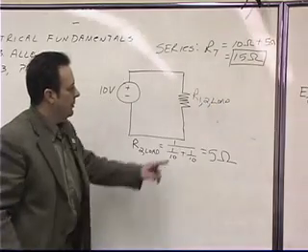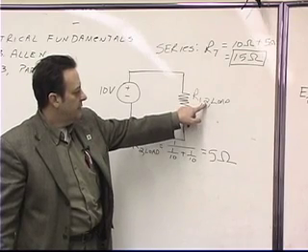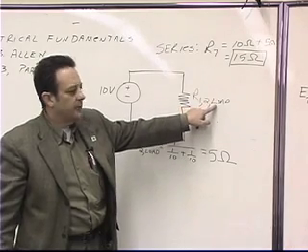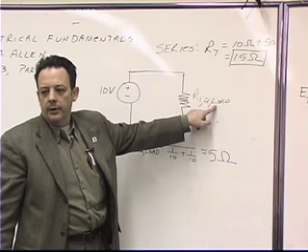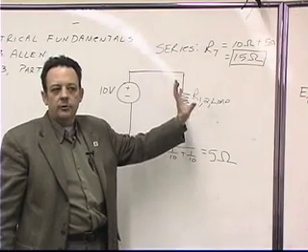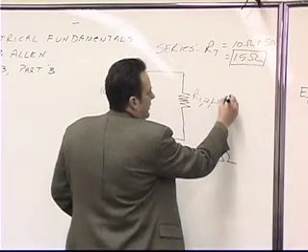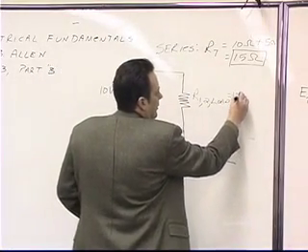Because it's really representing the effect of resistor 1 combined with resistor 2 combined with a load resistor. Right? That's what it's representing. It's the effect of all of those resistors working in combination with each other. And that has a value of 15 ohms.